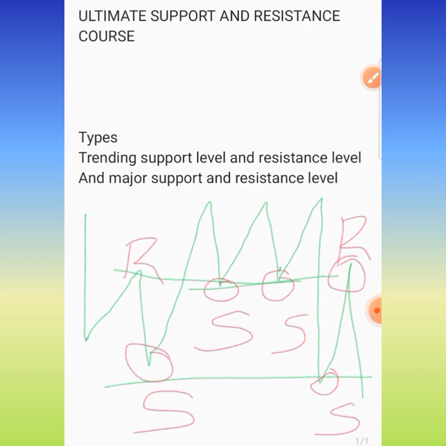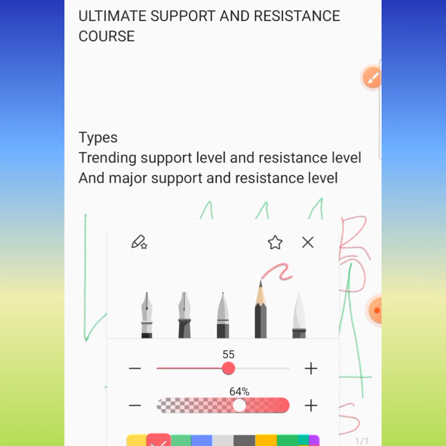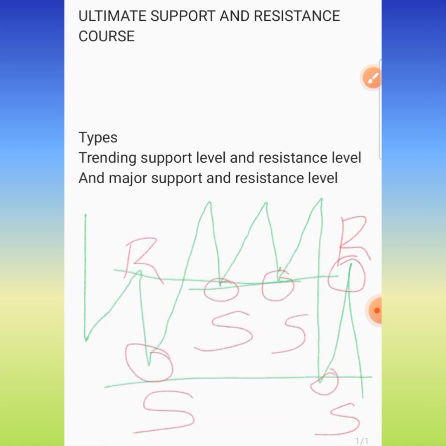This level was once a resistance level. When the market came here, it was a resistance level, and the market bounced back. And this is a support level.